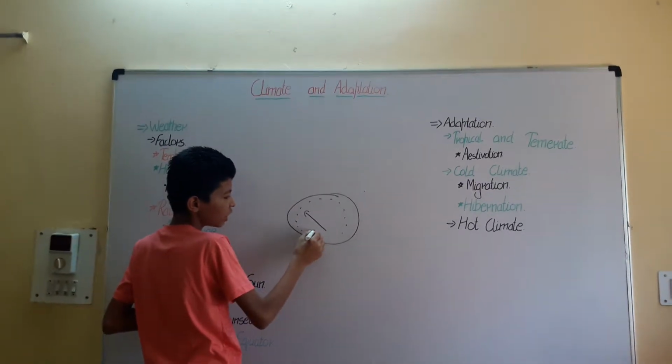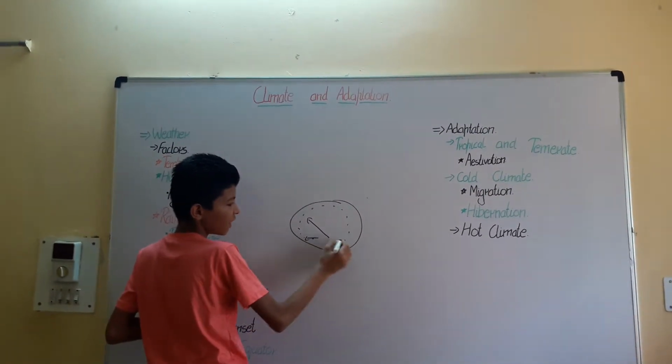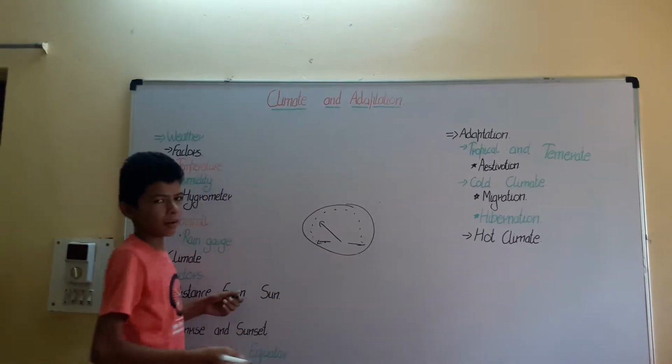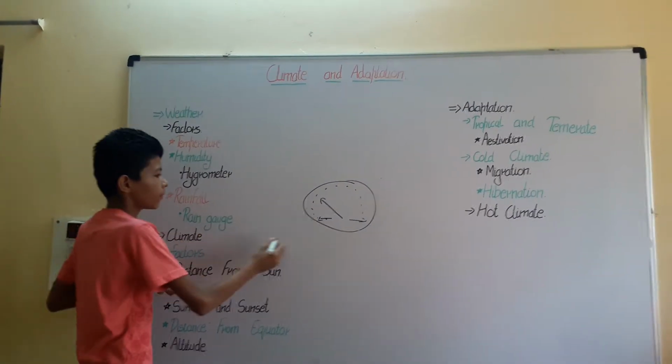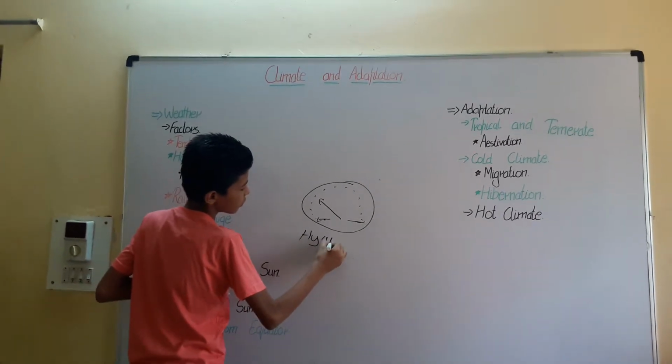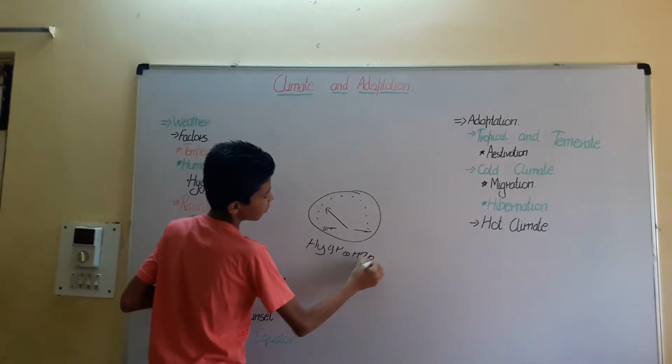When the humidity is low, the pointer points low, and when it is high, it points here. So this is a hygrometer.